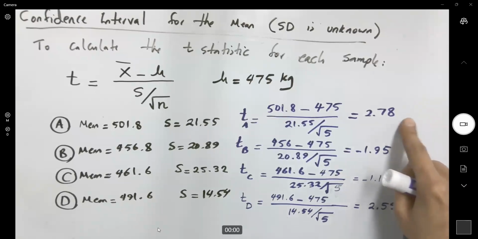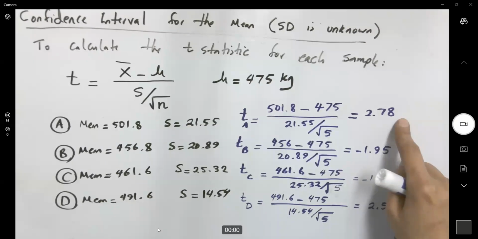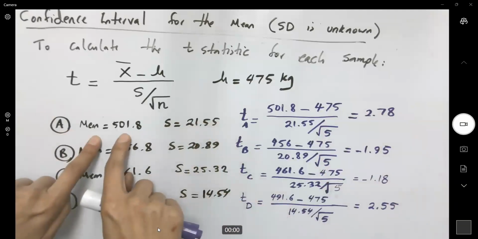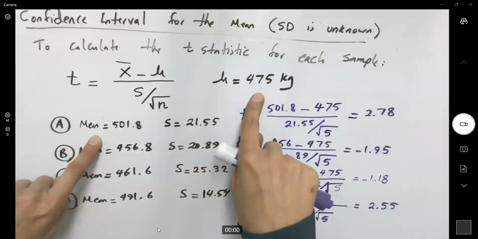2.78 has the maximum distance from 0. So your sample A has the mean which is farther away from the population mean.